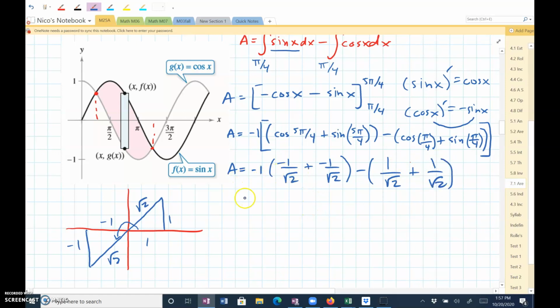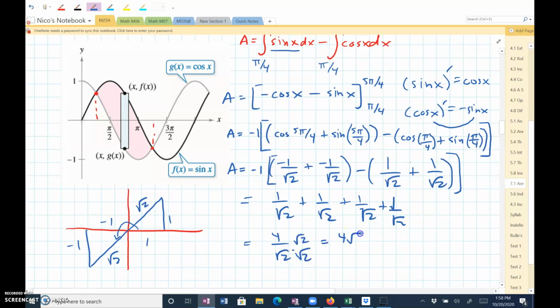This negative 1 multiplied all the way through becomes positive. So we're getting 4 over the square root of 2. Rationalize this, and we get 4 square root of 2 over 2, which is 2 square roots of 2, units squared.